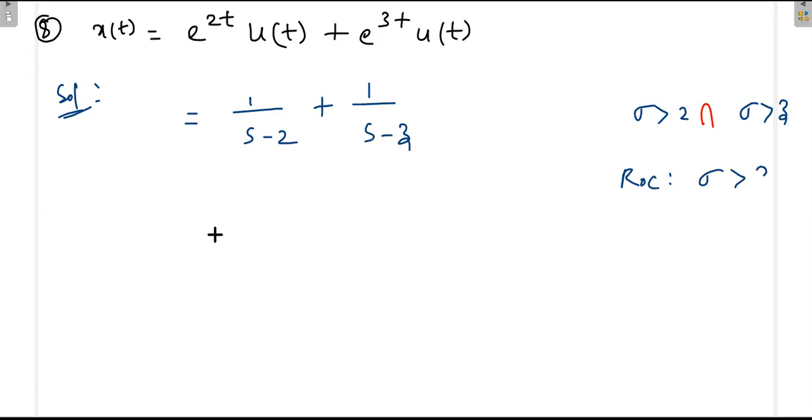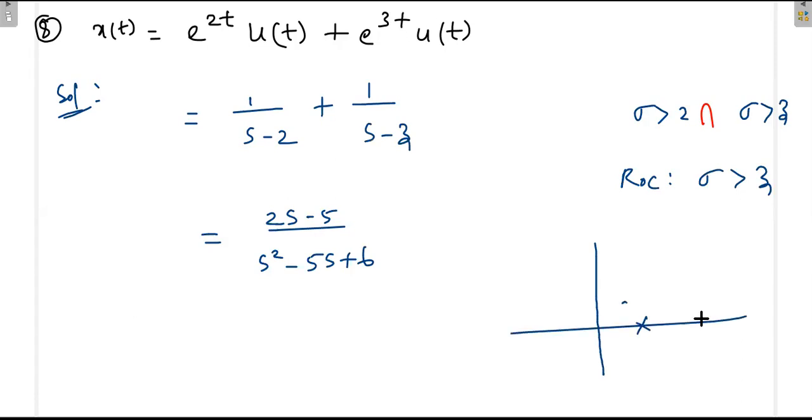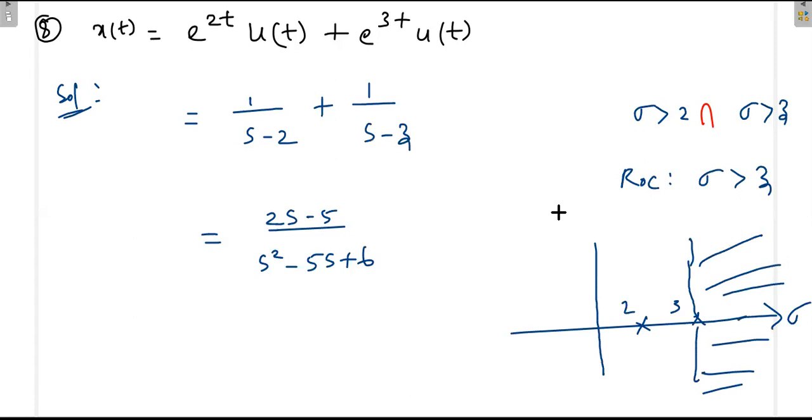Then if you simplify this, you'll be getting 2s minus 5 divided by s square minus 5s plus 6. Again, the ROC diagram: this is 2, this is 3, and this is the ROC, sigma j omega.